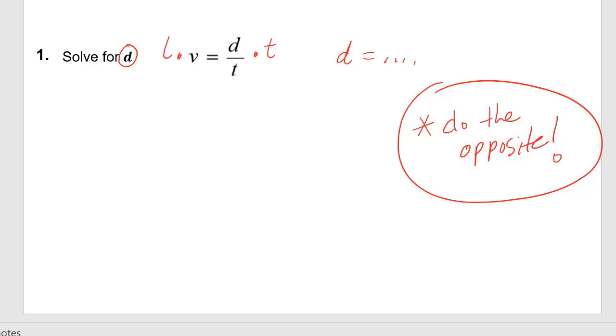Instead of dividing by t on the right, we multiply both sides by t, and these t's cancel. And then we get t times v equals d, or d equals v times t. So distance or displacement equals velocity times time.